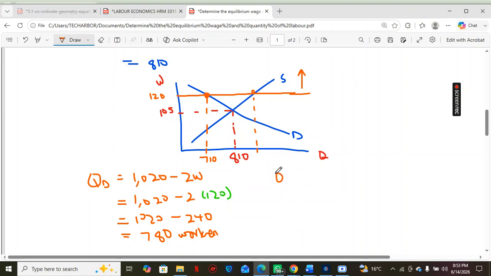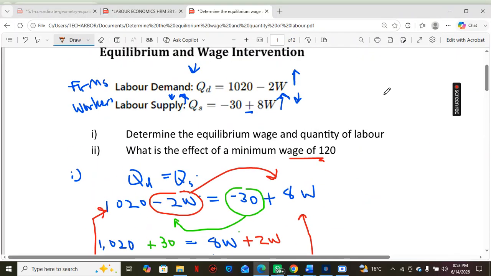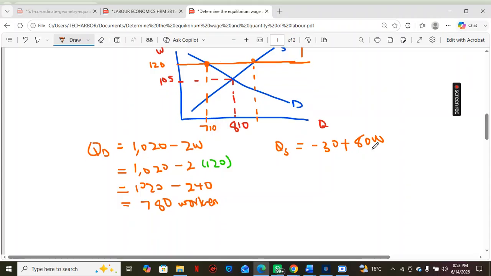Then from the workers' side, QS equals negative 30 plus 8W.